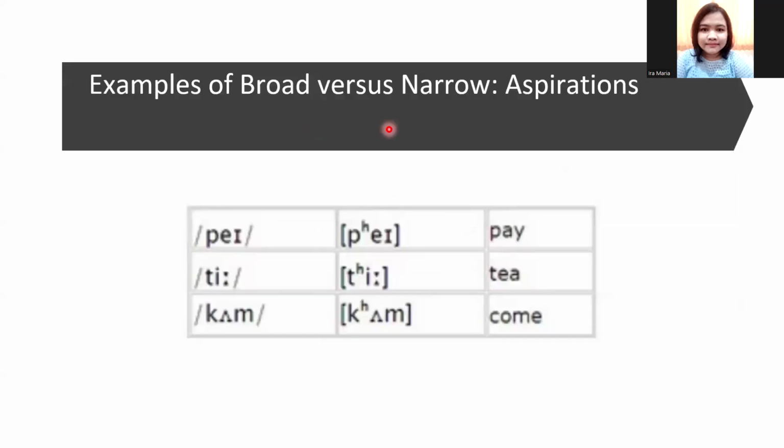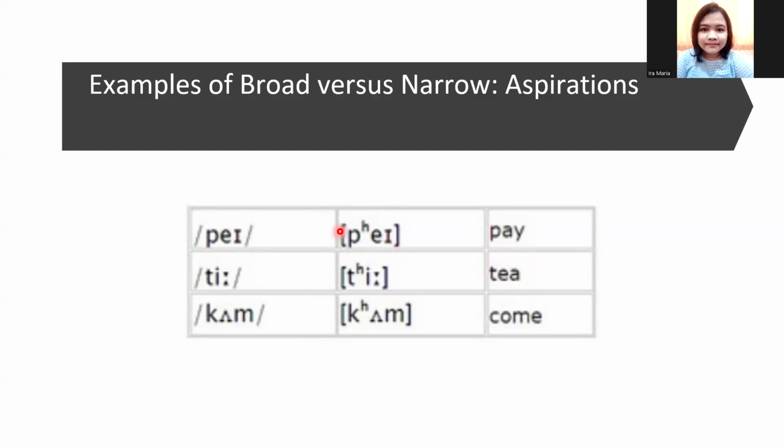Let's see next. If you still remember, the previous slide explained about aspiration. So aspiration, it is the plosive sounds. So narrow transcription includes phonetic details. One of the phonetic details is aspiration. It's indicated by the superscript H added into the transcription. In English, aspiration typically occurs in word initial stressed position.